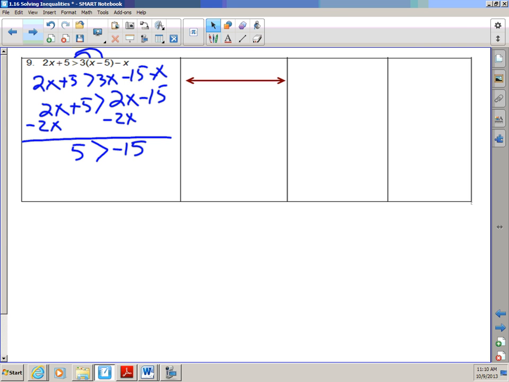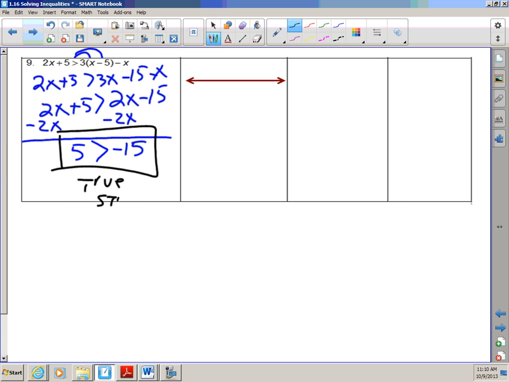You should hopefully remember this from when we were solving equations. And if we ended up with a true numerical statement, meaning the variable is canceled, this is a true statement, then my solution is all real numbers, so I would just represent it as such.